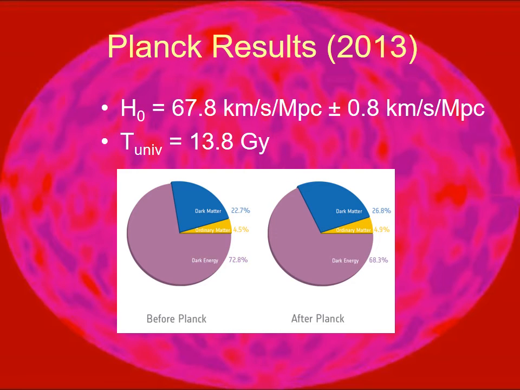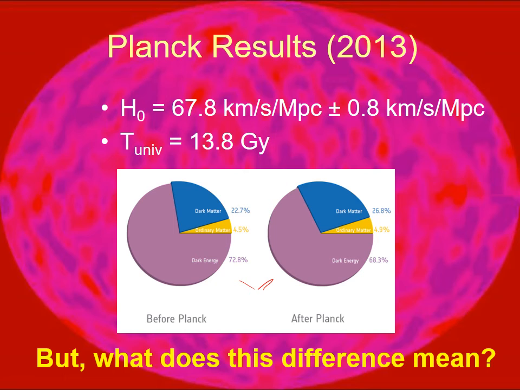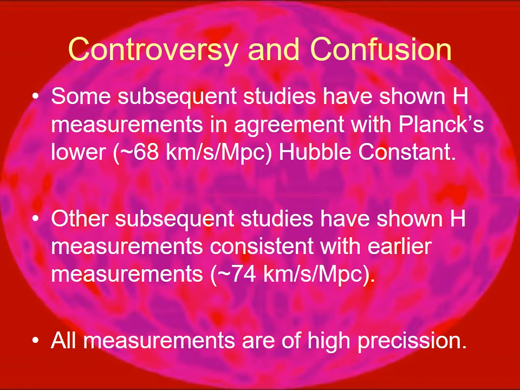Now, what they came up with was a Hubble constant that was considerably lower than everybody else's. And so that changed what they thought were the proportions of matter and dark energy in the universe. They came up with a little bit different age of the universe, 13.8 billion years, instead of the more commonly accepted 13.7 billion years. Okay. What is that difference?